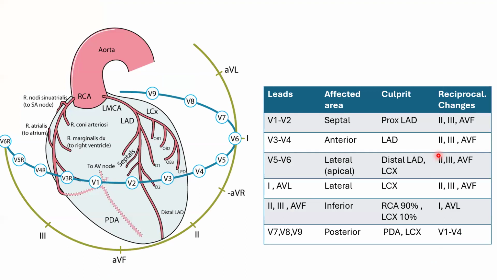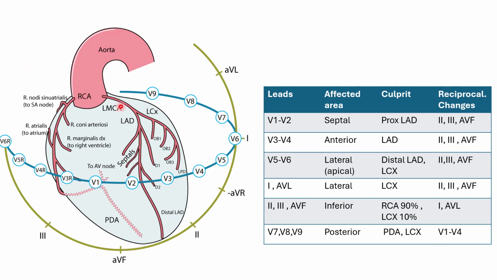In order for us to move to the EKG, first we have to know the leads that are distributed in the body, the affected area that each correlates with, and the culprit artery. Because what's very important in the EKG in diagnosing a myocardial infarction is that you can actually know the culprit artery that causes this kind of ischemia or infarction. So here we have the human heart.